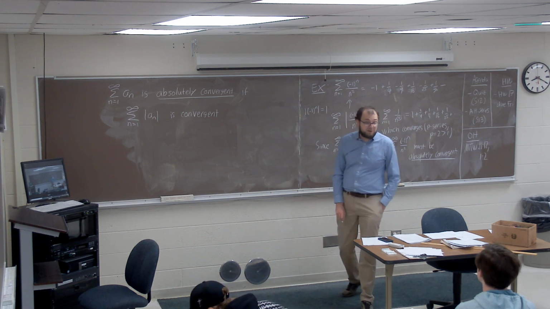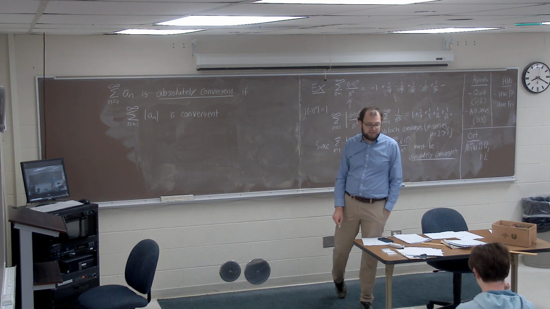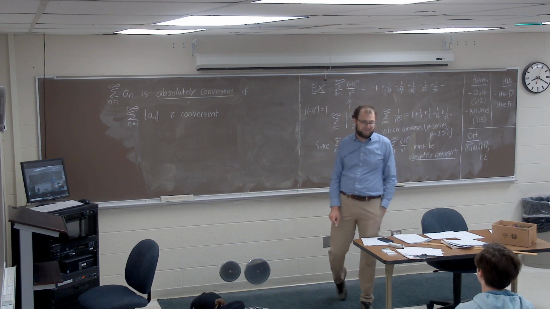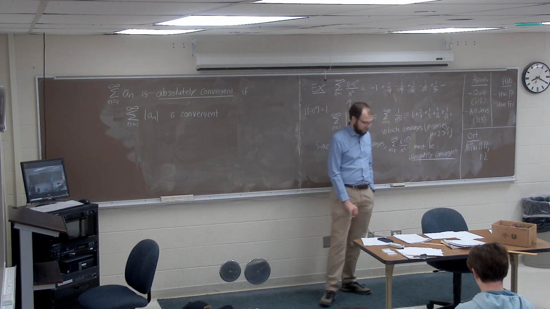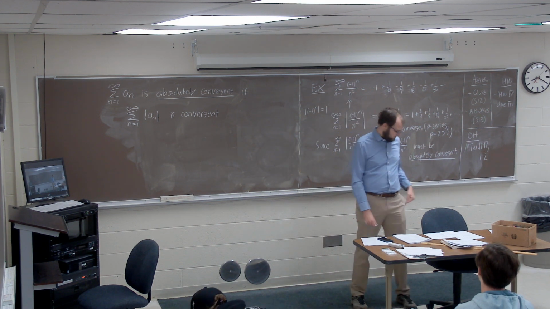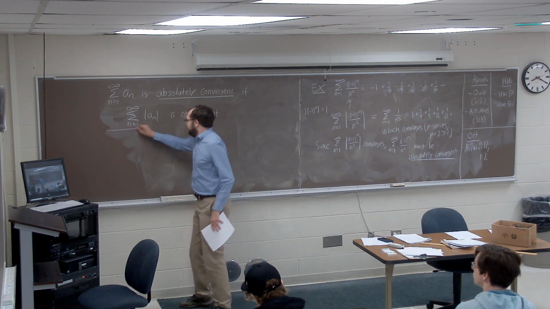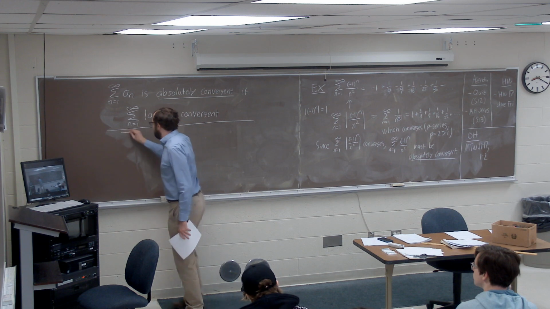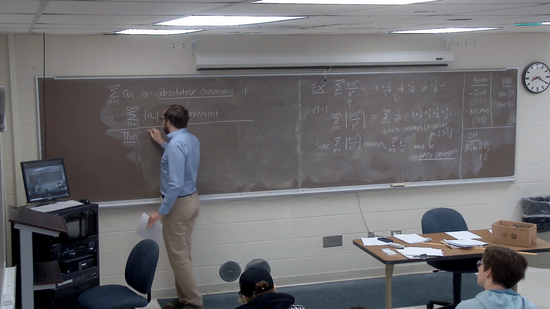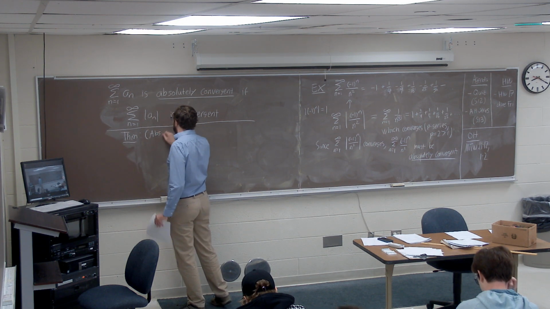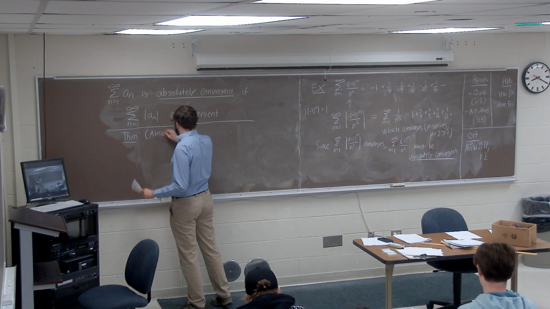And so, James, what do we know then about absolutely convergent series? If a series is absolutely convergent, then it's also normally convergent. Yeah, exactly. And this is going to be our first theorem of today. And this is called the absolute convergence test.